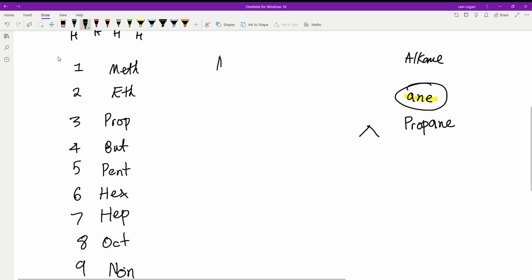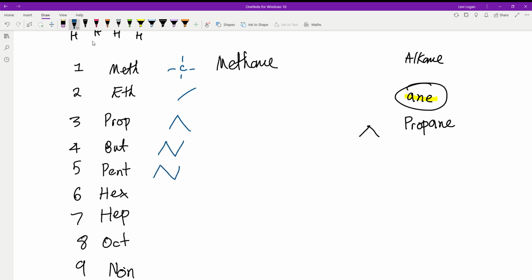If I were to do this one, it would literally just be a dot. If it's ethyl, there's 2 carbons, so you assume it's like that. If it's propyl, it's 3, so it'd look like this: 1, 2, 3. If it's butyl, 1, 2, 3, 4.